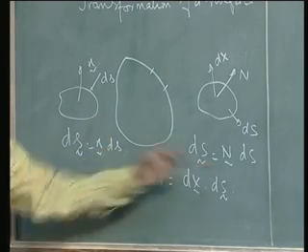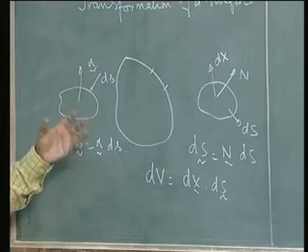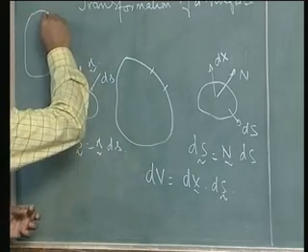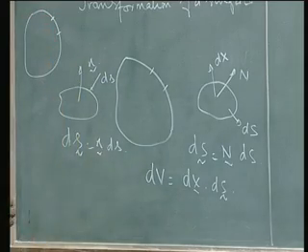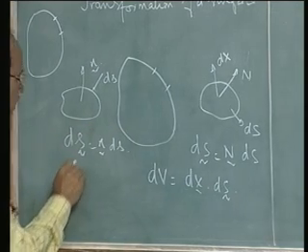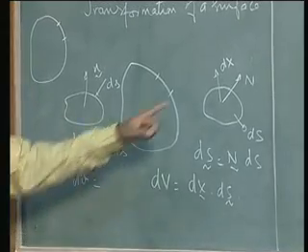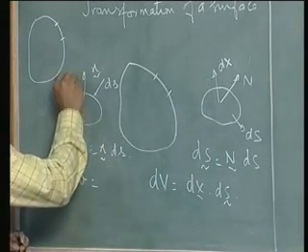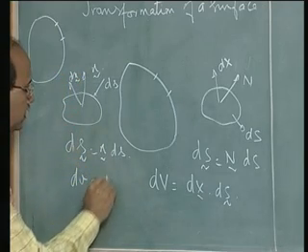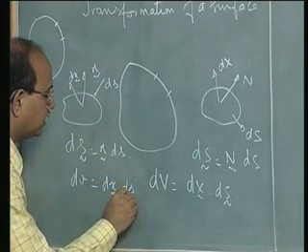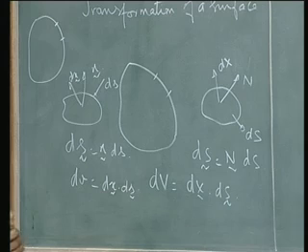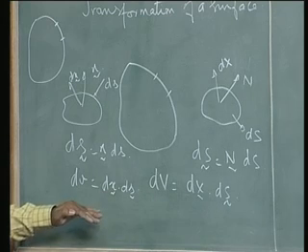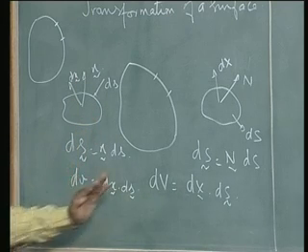We are writing in a similar fashion, only this is after transformation. The body has transformed, and now we are looking at this surface. Please note, all of them are infinitesimal surfaces. The corresponding dv formed due to the transformation of the vector dX, which now becomes small dx, is dx dot ds. Is that clear? So the corresponding transformations are written here.